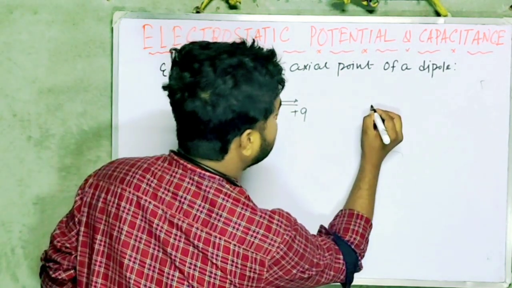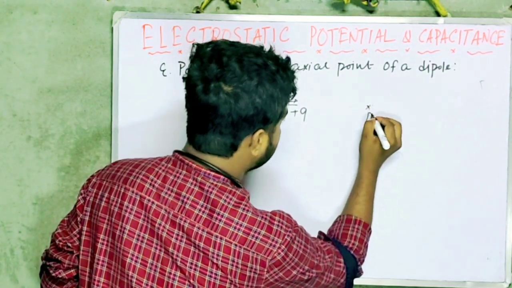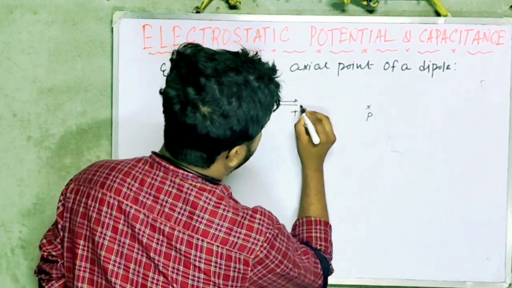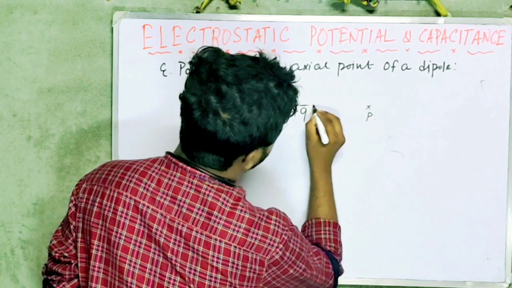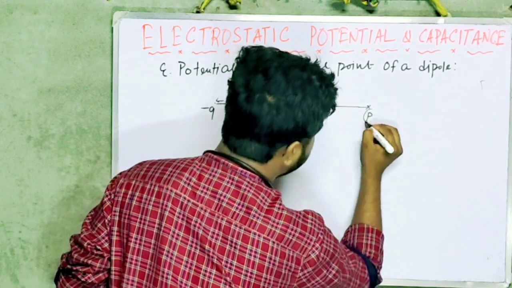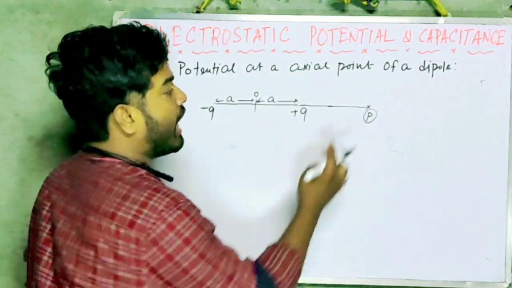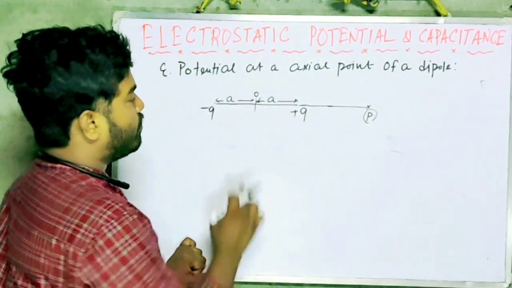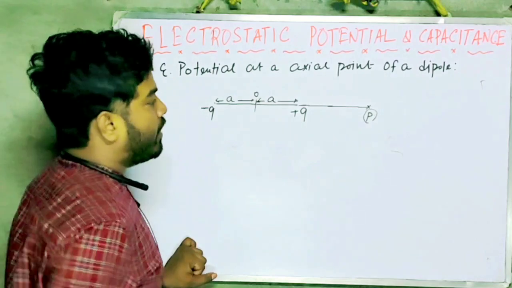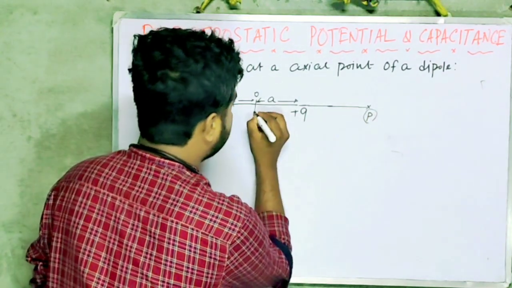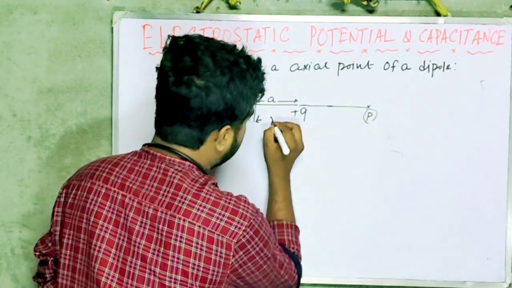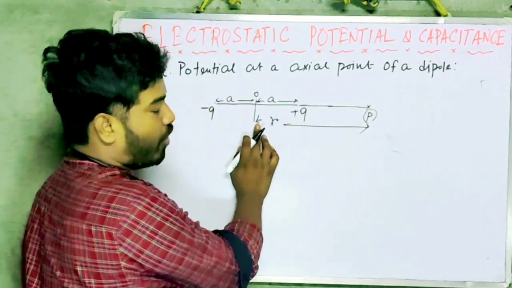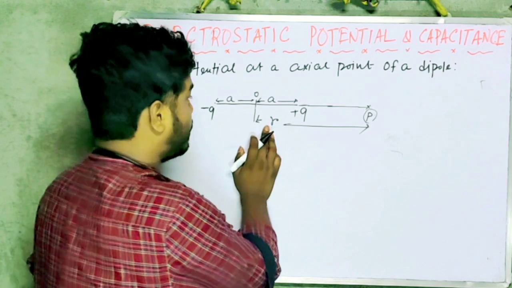Now we have to calculate electric potential at an axial point. Here we consider point P, which lies on the dipole axis. So point P is called the axial point, and at this point we have to calculate electric potential for this dipole. The point P is separated from origin O by r, suppose.